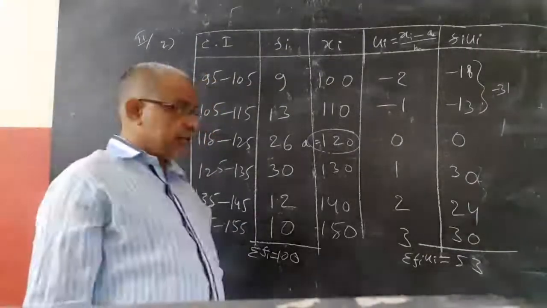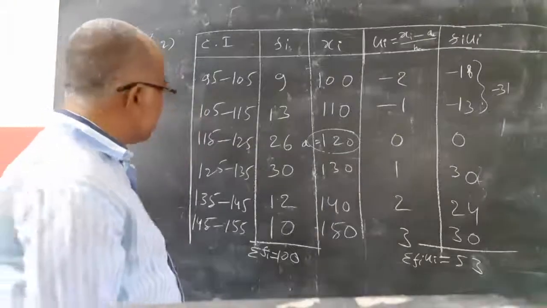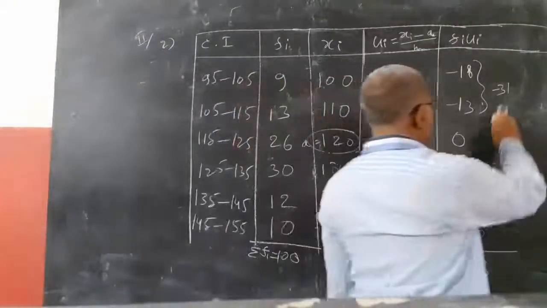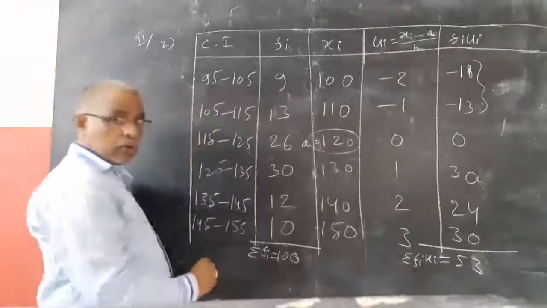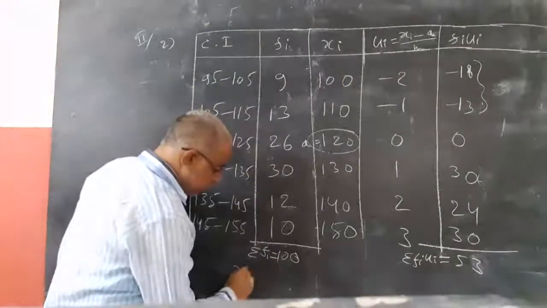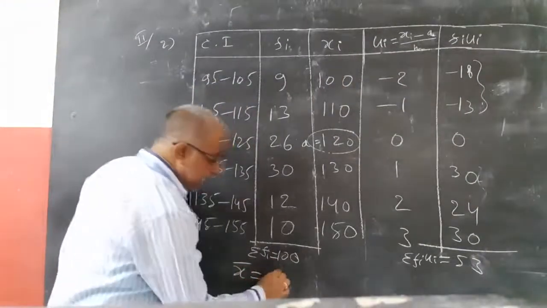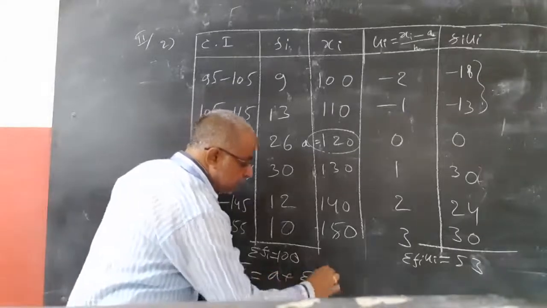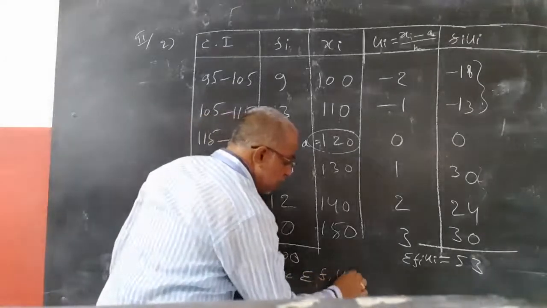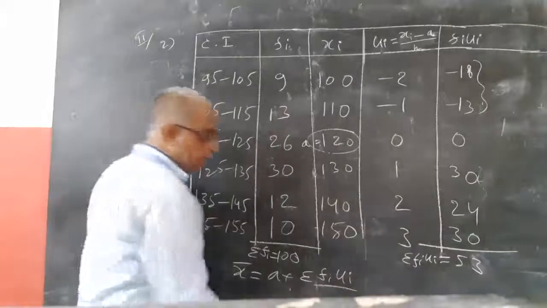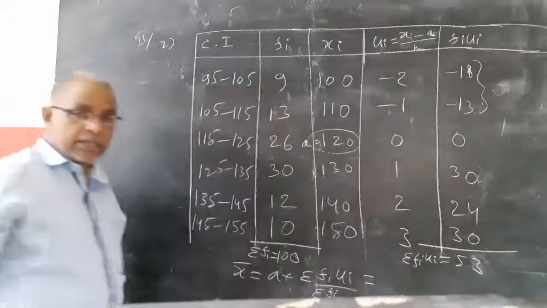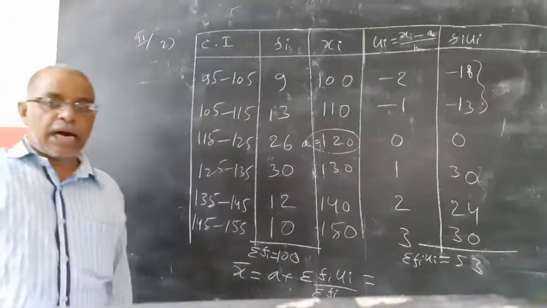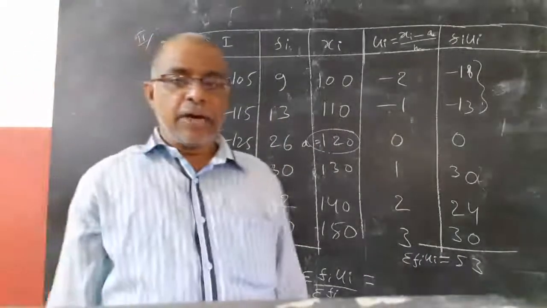Now how to find the mean? The mean of grouped data by the step deviation method: x bar equals a plus sigma fi ui by sigma fi, into h.